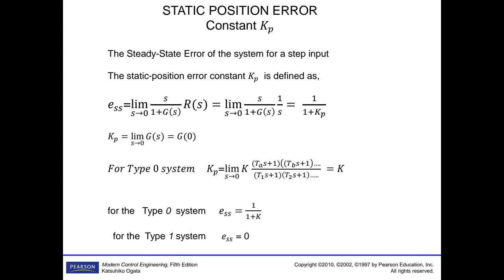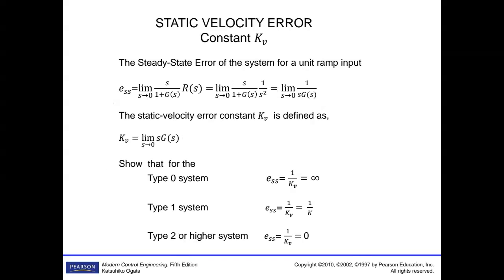That is static velocity error. KV. KV should be high. And also we have a table. And static acceleration error, that is the acceleration error. There also Kp should be high.